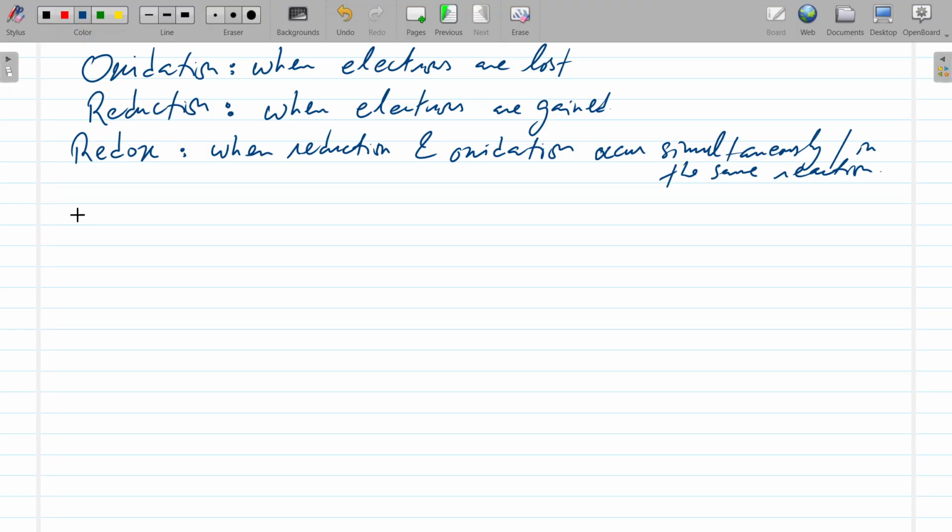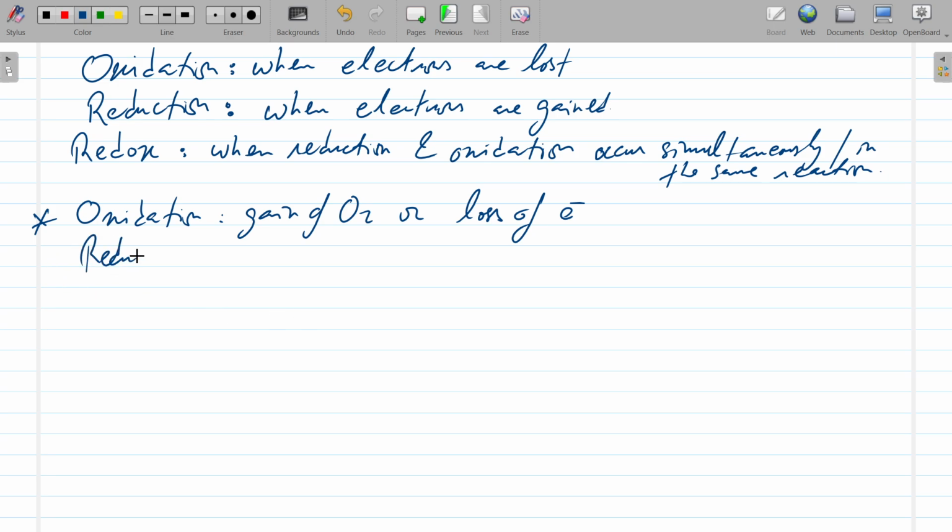So to bring together what we've done so far, oxidation is either gain of O2 or loss of electrons, and reduction is the loss of O2 or gain of electrons.